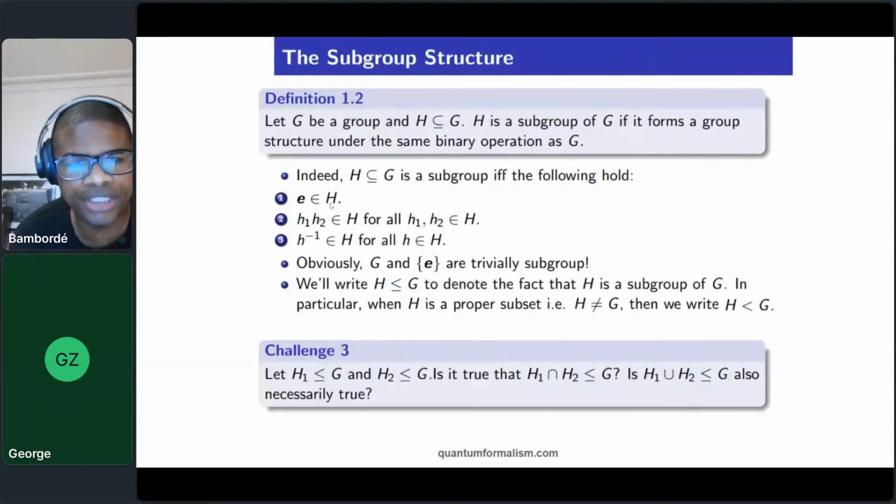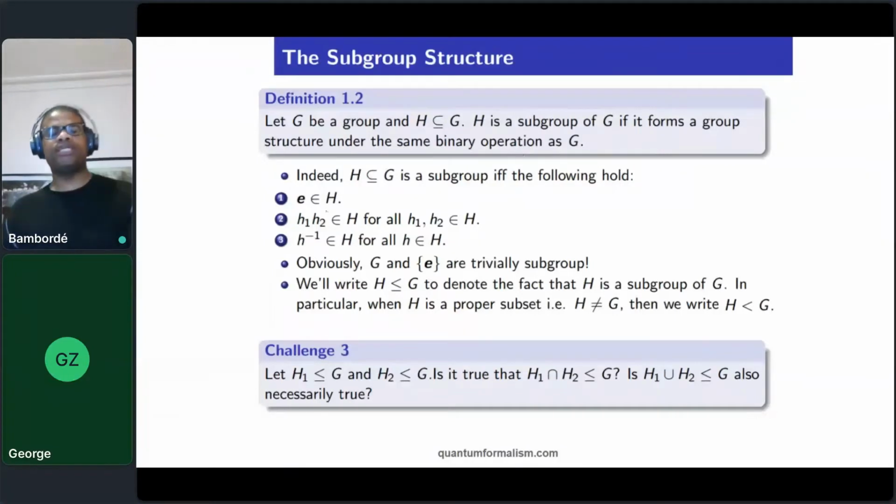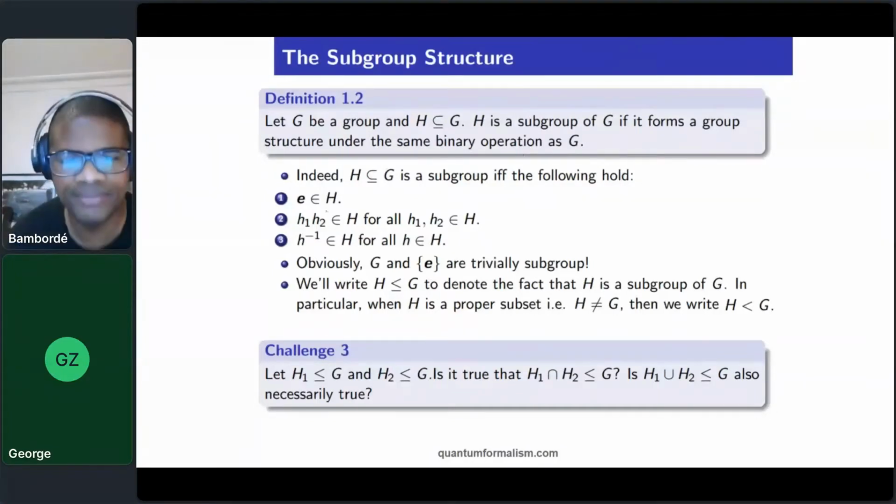The identity is in H. Closure holds: if you have small h1 and small h2 in H, then their product is also in H. And the inverse of small h has to be in big H as well. As a consequence, G, the group itself, is a subgroup of itself, and the trivial subgroup, the singleton made of the identity, is also a subgroup.